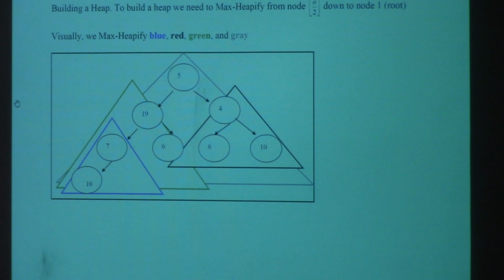So node number 4. Notice that the blue triangle says I'm going to consider that parent to be the root of the first heap as I build the heap into taller and taller versions of itself. So I look at 7 and 10 and ask myself, is this a heap? First of all, notice that the shape is definitely a heap.